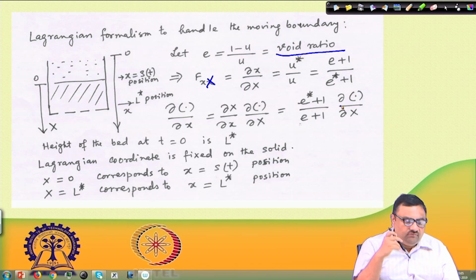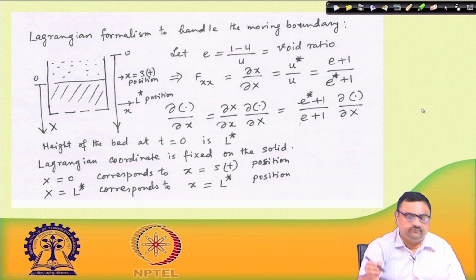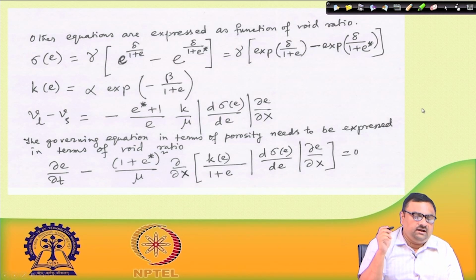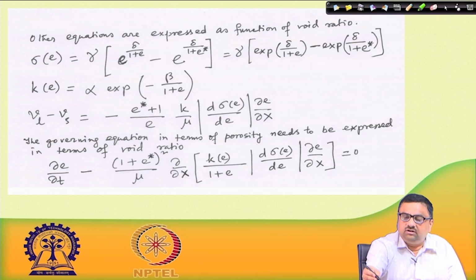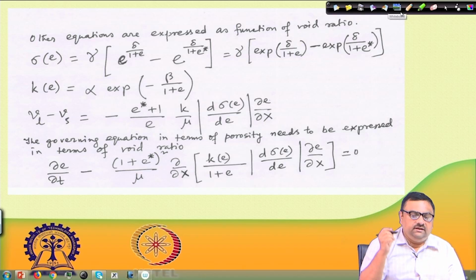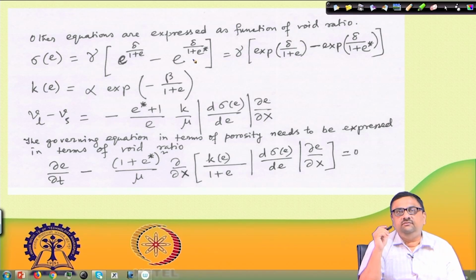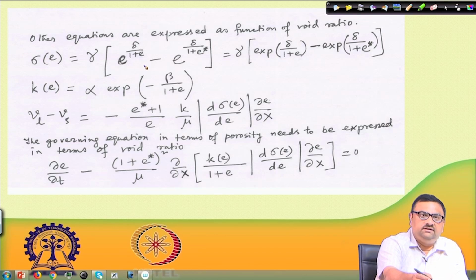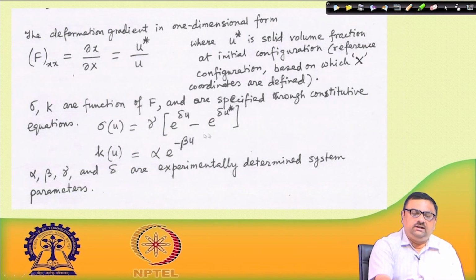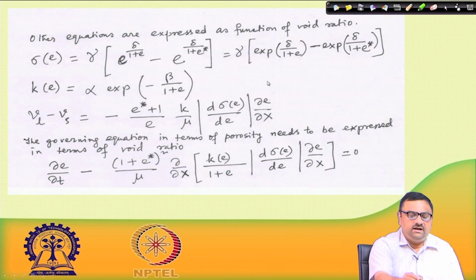So, with this understanding, if we now look at the sigma and k, we cannot work with this u anymore. Instead, we are writing it with e and e star instead of u and u star. Okay. So, this is the most obvious change we do, because last time it was what? E to the power delta u minus E to the power delta u star. So, instead of u, we have to write it in terms of e.